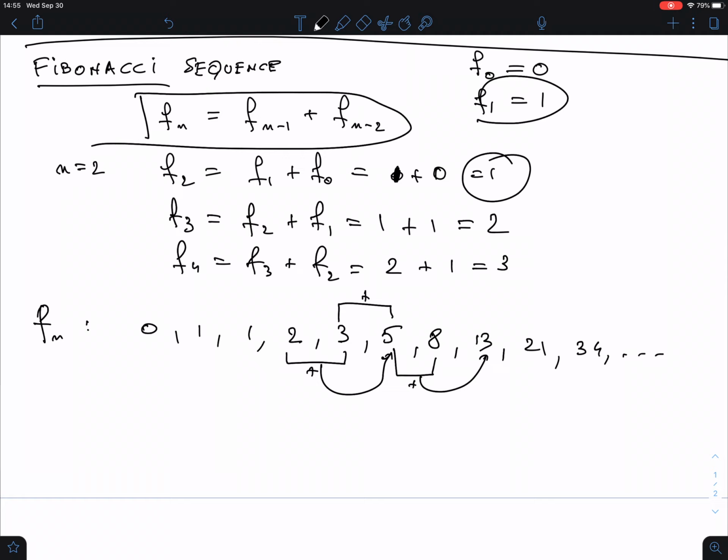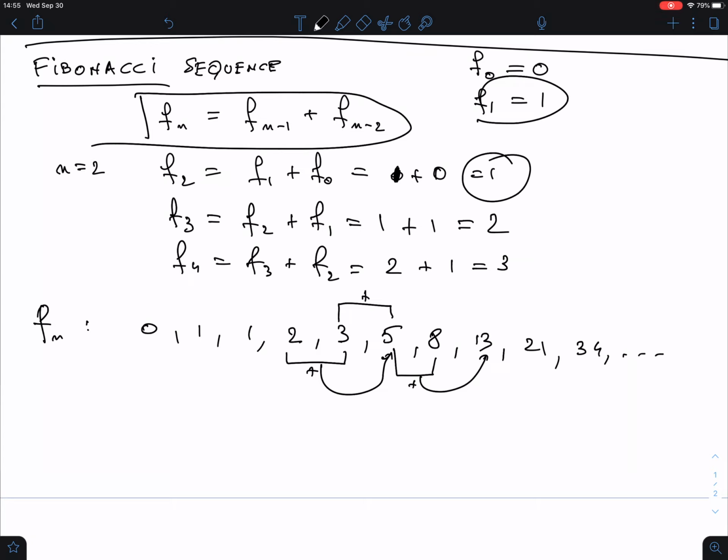Evolution has somehow found that as one of the best ways of constructing nature. I cannot say much more about it. It's a fascinating topic on its own, but just be aware that there's a reason we have given this sequence a name, that we honor this mathematician Fibonacci from Italy from a long time ago, because it's such an important sequence.